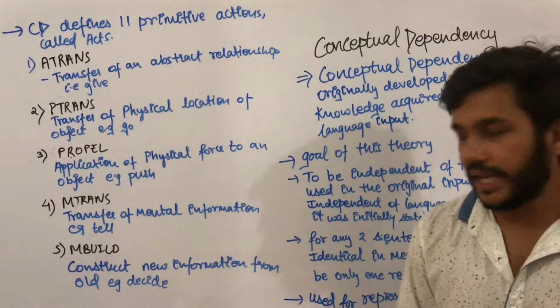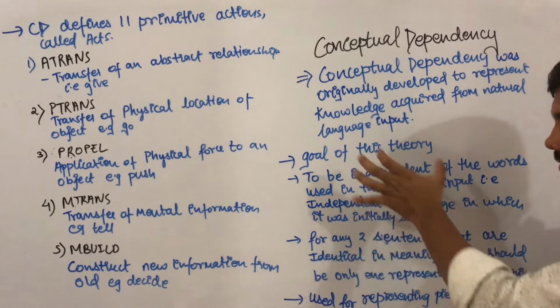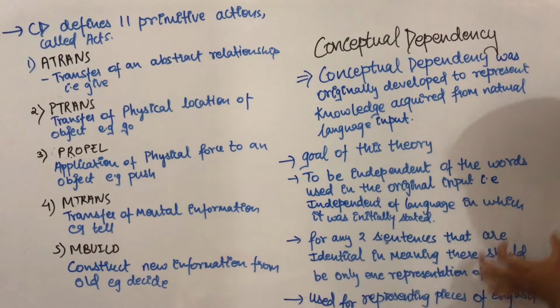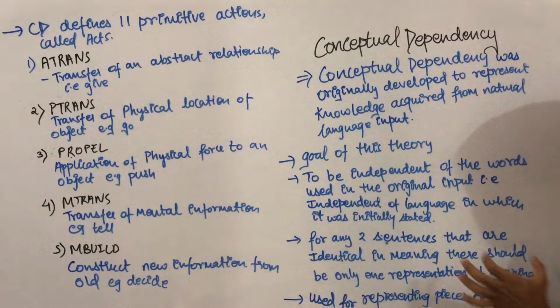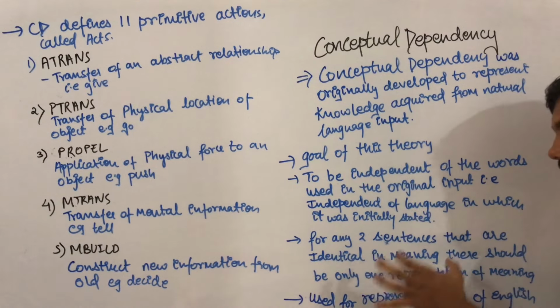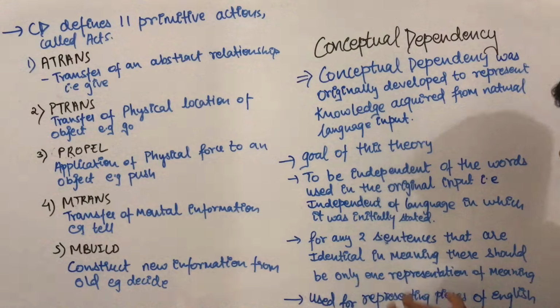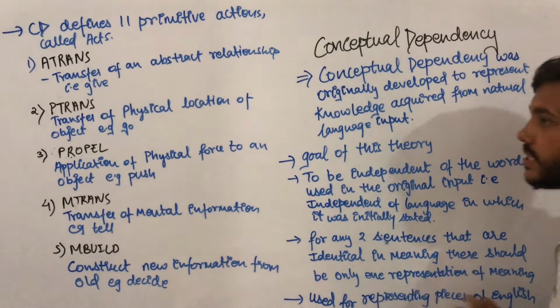So the second aim of conceptual dependency was that two sentences that have identical meaning should have the same representation of meaning, used for representing pieces of English statements.